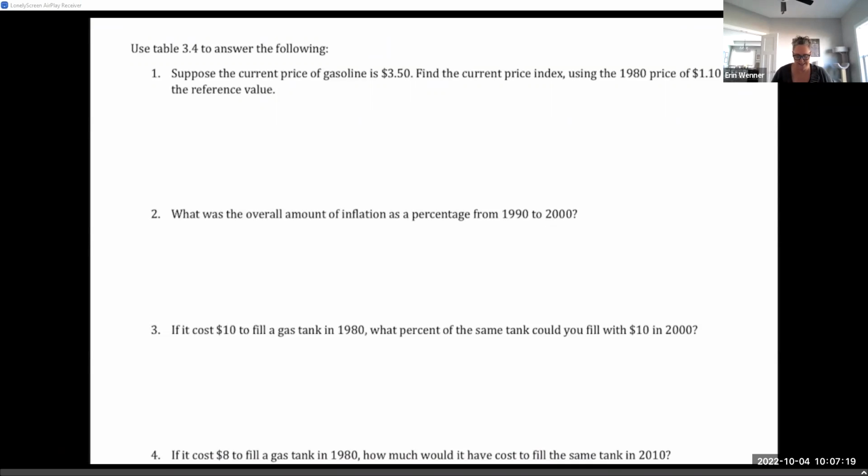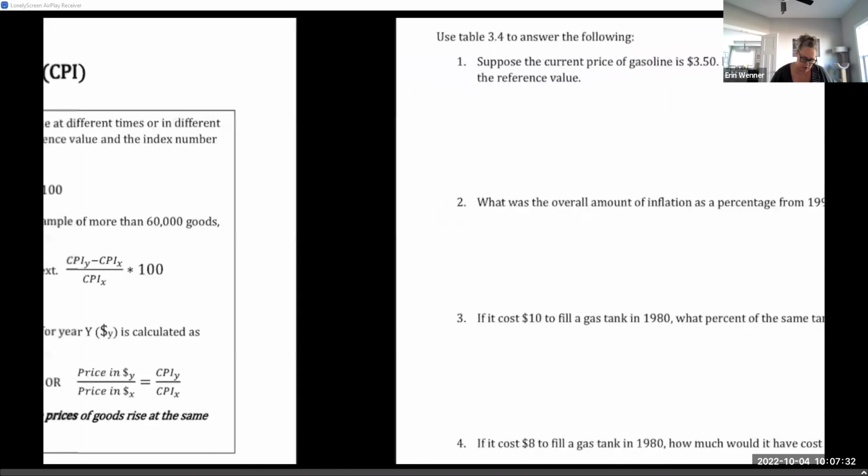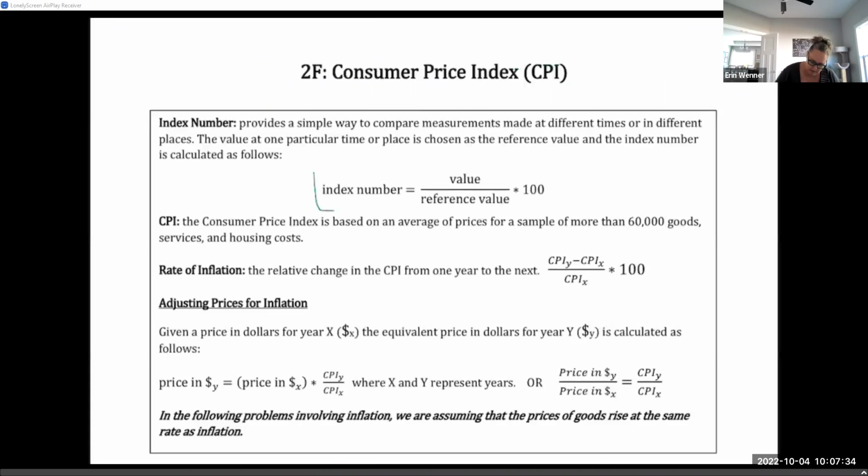Find the current price index using the 1980 price of $1.10 as the reference value. So we're going to find the price index. And so from the first page, we're finding the index number. So we're going to use the value over the reference value times 100.